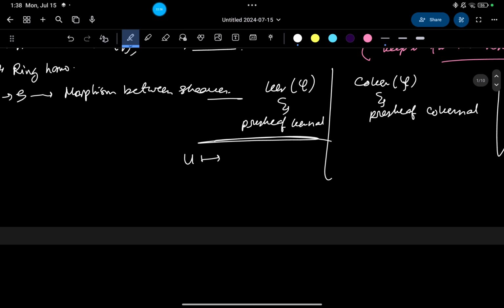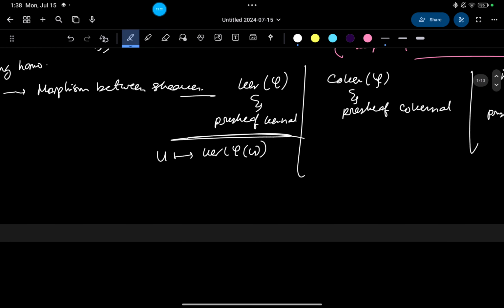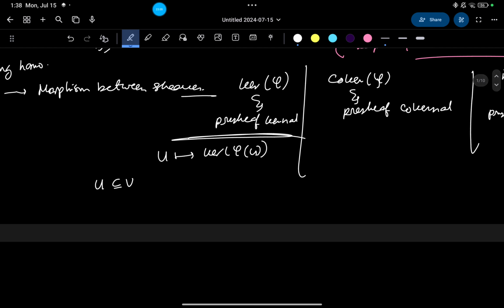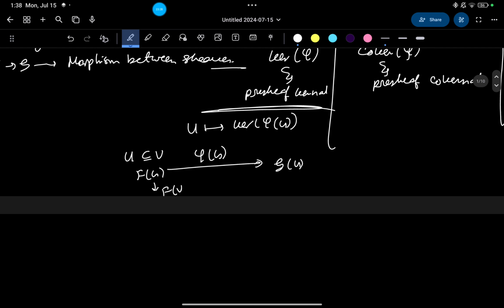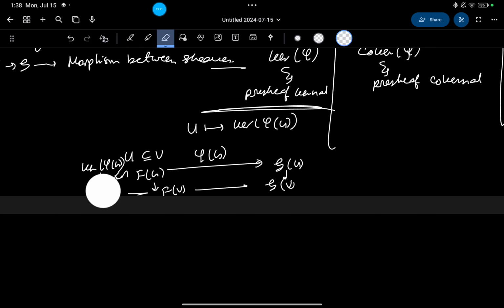So how is the presheaf kernel defined? U is mapped to kernel of phi U, and whenever U is a subset of V, I have phi U from F U to G U, and phi V from F V to G V. So here I have the kernel of phi U. I can restrict it to the kernel of phi V as well.